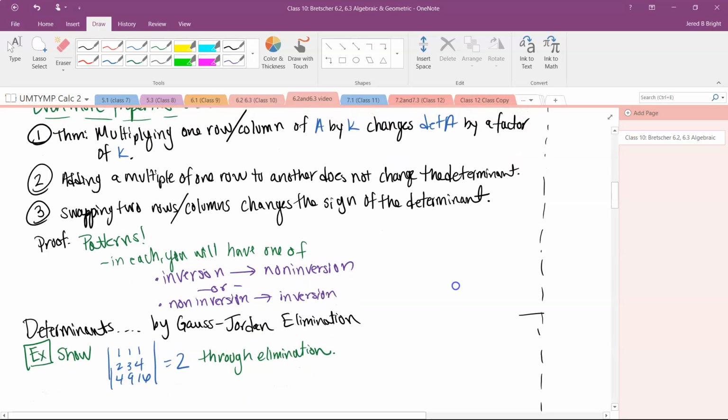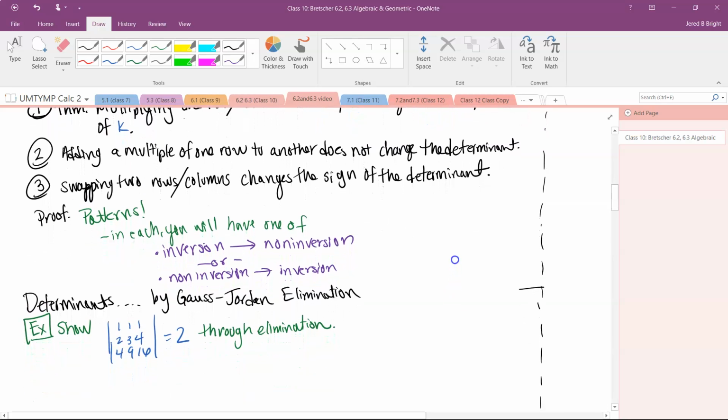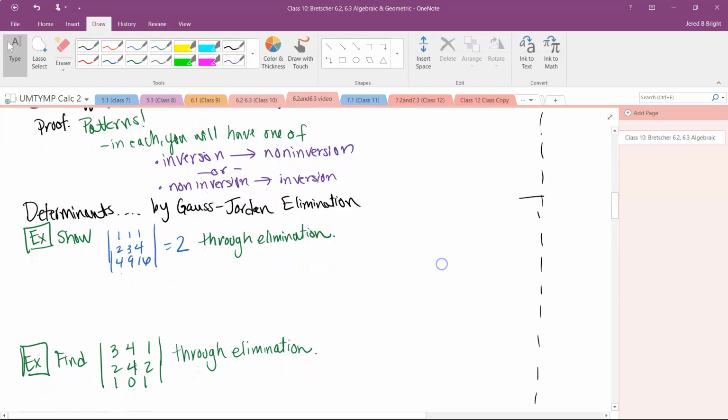Now, using these properties, we want to show that this determinant is 2 through elimination. Yes, you can use cofactors, yes, you can use patterns, but we're not going to do that. If I do elimination, that's the idea of row operations, I'm going to start with 1, 1, 1, 2, 3, 4, 4, 9, 16, and then through elimination I'm going to eliminate the second and third entries in the first column.